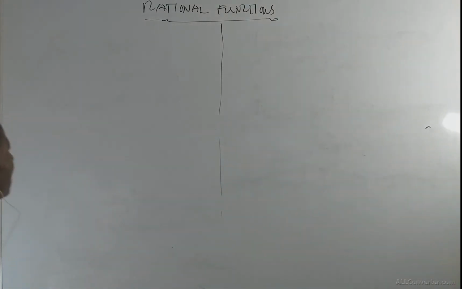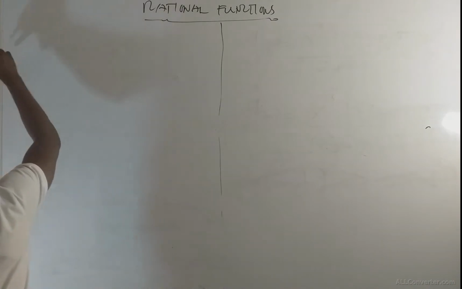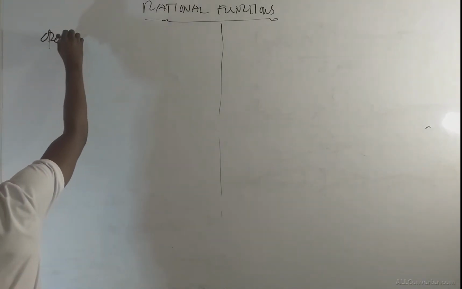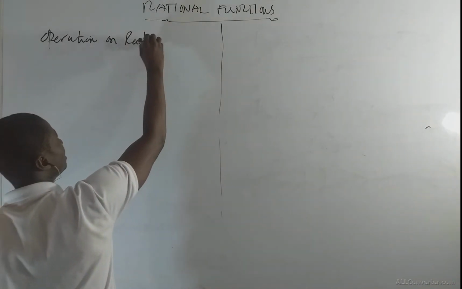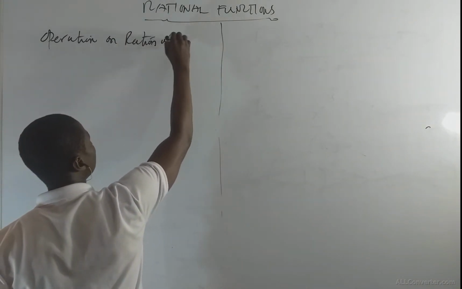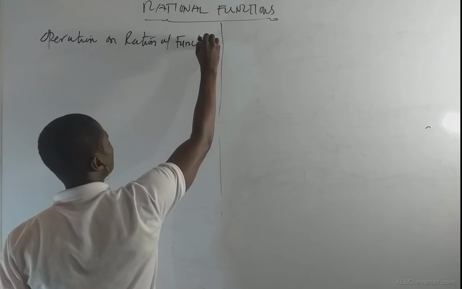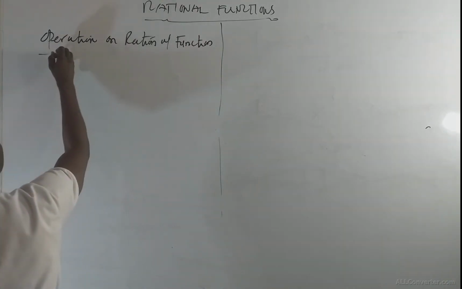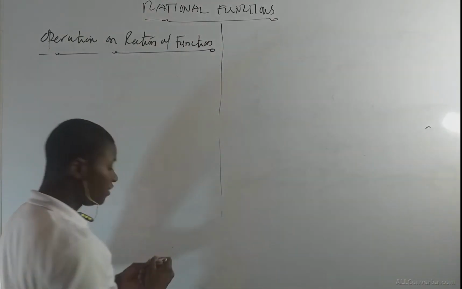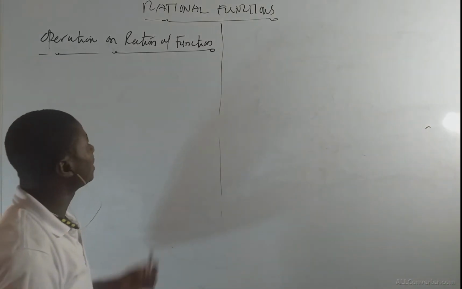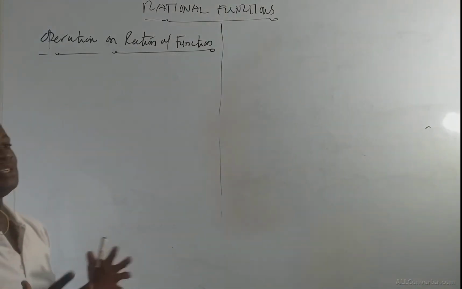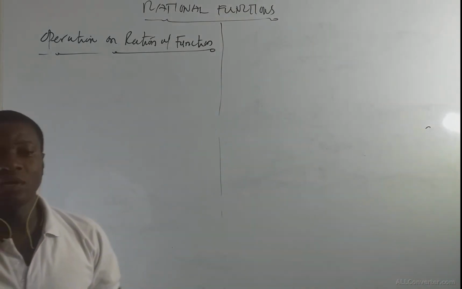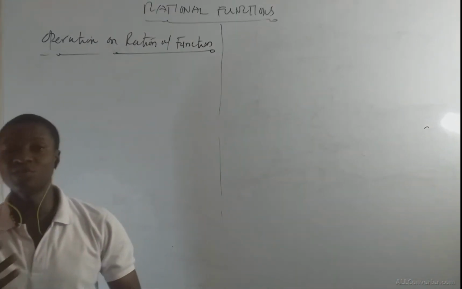A rational function is the division of two polynomials. And with operations, we are talking about addition, subtraction, multiplication, and division of rational functions.